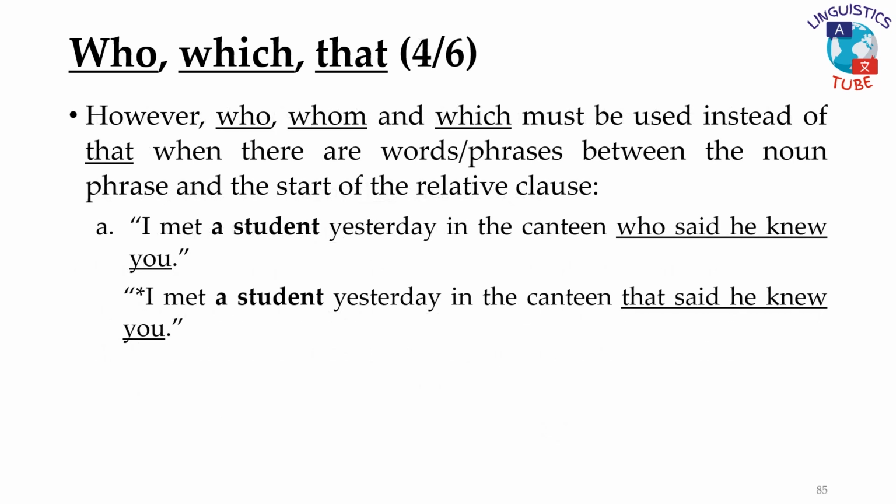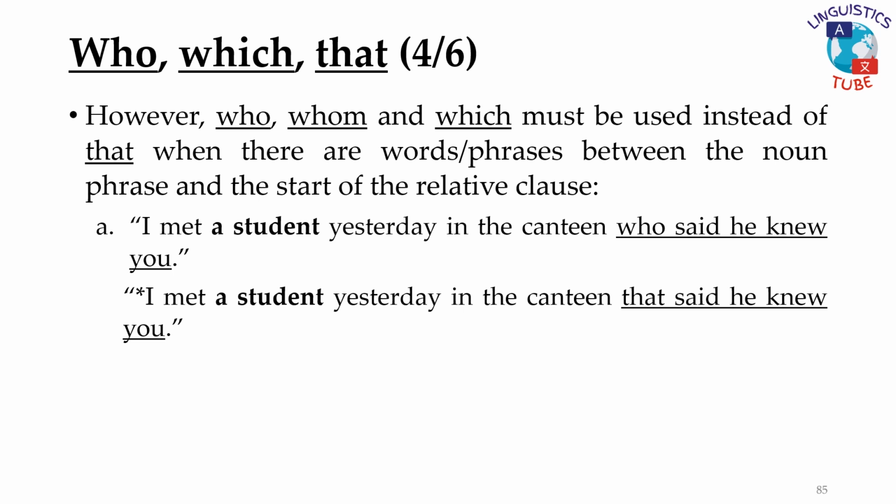In easy sentences, with few words and simple vocabulary, there is no problem with using that or a zero relative pronoun. However, there are two situations in which who, whom, and which must be used instead of that or a zero relative pronoun. Firstly, in the general context of formal sentences with complicated vocabulary and a large number of words.